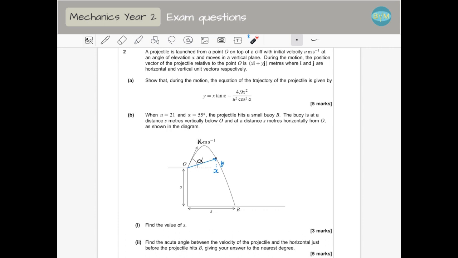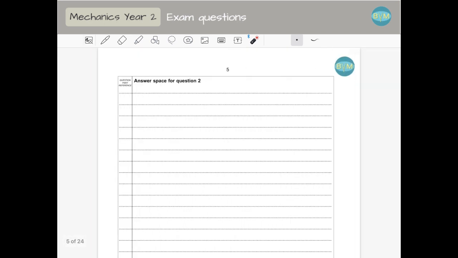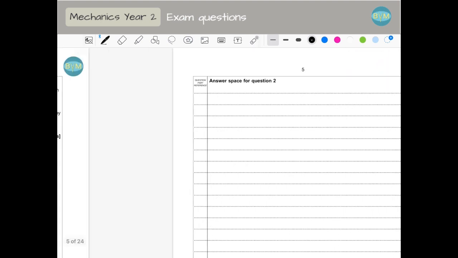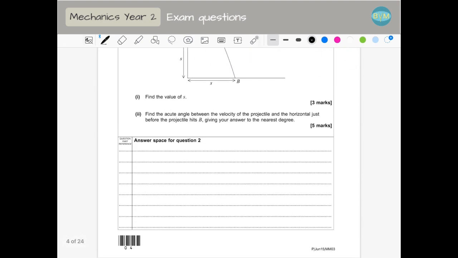What we are going to do is work with the vertical motion and the horizontal motion separately and try to connect them. For the horizontal motion, we know it's constant velocity. So the horizontal distance, which is called x in this question, is going to be the horizontal velocity times the time.